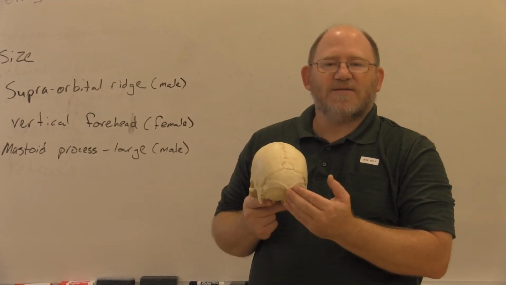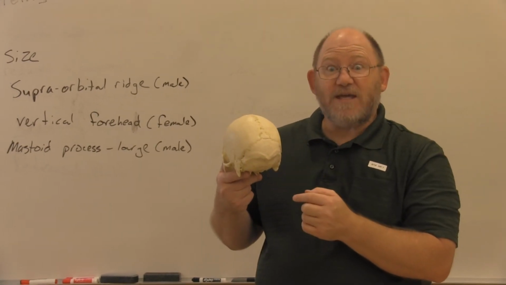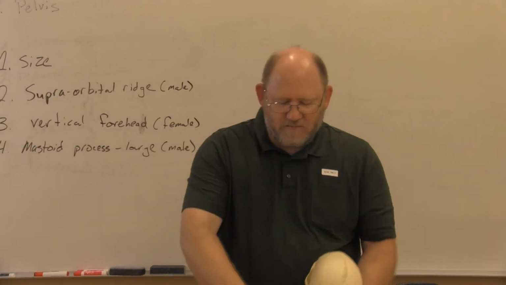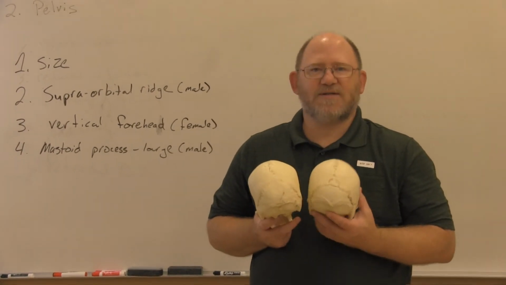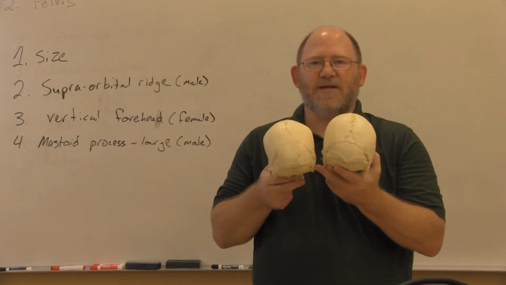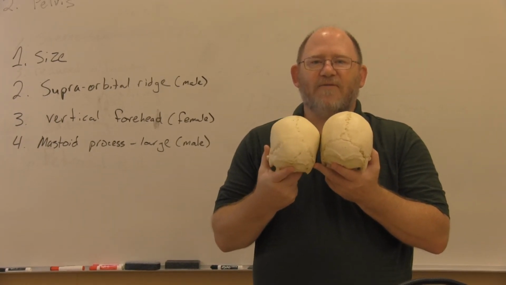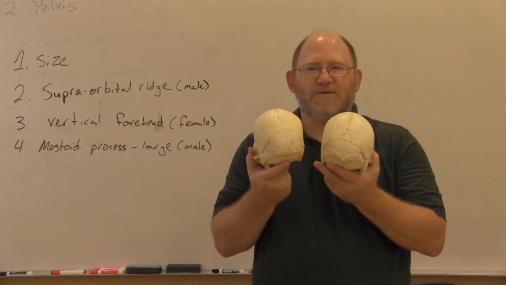And in males, it's more pronounced. In some cases, it looks a little bit like a V. And in females, in general, it's not as pronounced. So again, on your right, you'll see a very pronounced nuchal ridge. And on your left, you'll see that the nuchal ridge is not as pronounced.